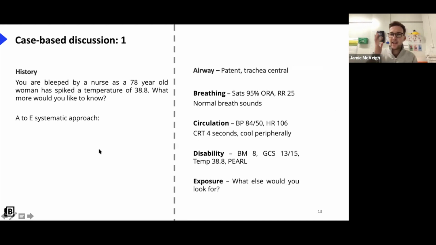She doesn't have a headache, there's no visual changes, no photophobia, no neck stiffness, chest is clear, there's no obvious cellulitis in the upper arms, there's no murmurs, there's no history of diarrhea or foul smell of urine, can't see any rashes. And finishing your examination, you look at the lower legs and they're both bandaged up, and it's likely that she's got horrible venous disease and has had it for a long time.